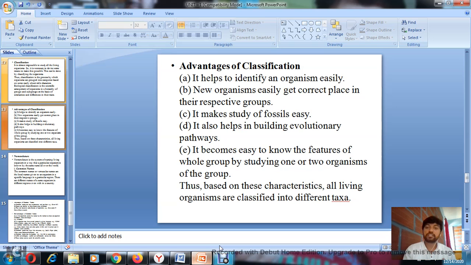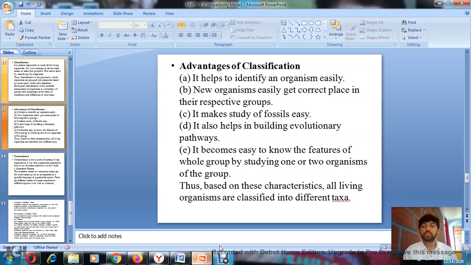When a new organism is identified, we can compare it with the fossils, and we can get a relationship between the present generation and the past, which existed in the past days. Then it also helps in building evolutionary pathways, right? Evolutionary pathways we can identify.